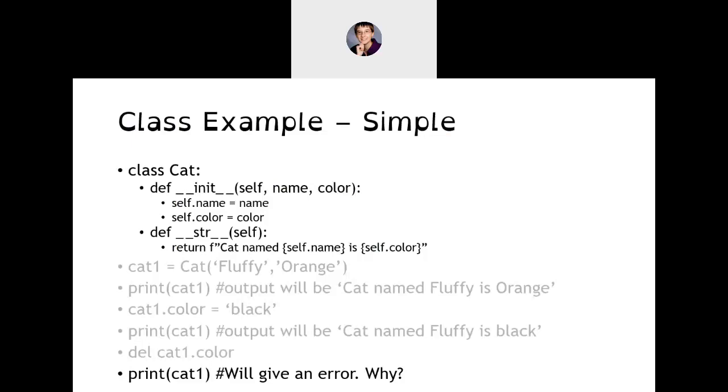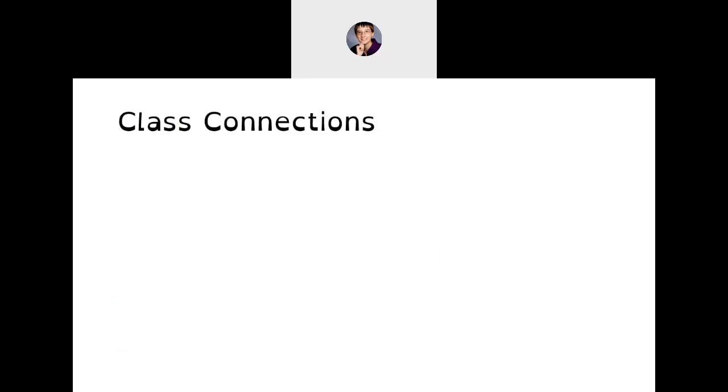So you're going to get an error message that's going to pop up and say that this instance doesn't have an attribute named color. So some interesting things can happen if you play around with this and take a look. You can also utilize classes to inform your program and organize it in different ways by looking at the connection between classes.